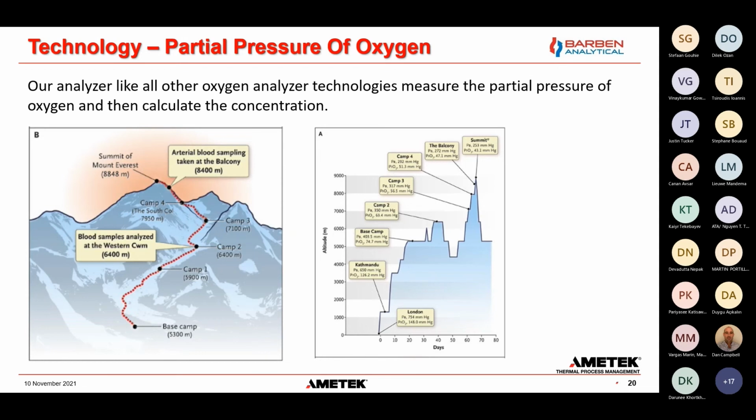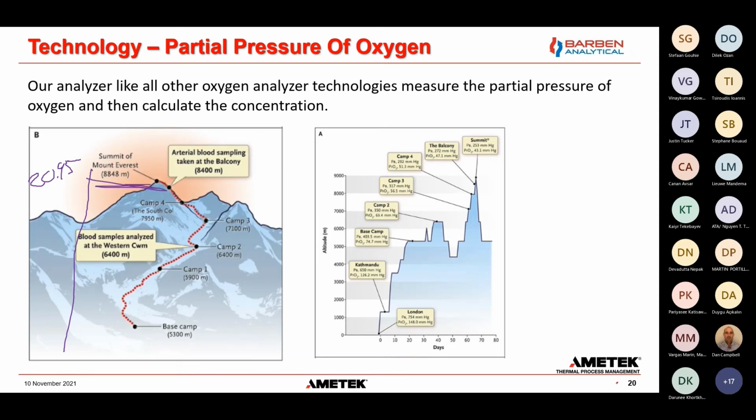Let me give you an example real quick to bring that to light. A lot of folks think that if I climbed Mount Everest, we'd have issues breathing because of the lack of oxygen concentration. But that's not the case at all, because oxygen is 20.95 percent all the way from sea level to the top of Mount Everest.